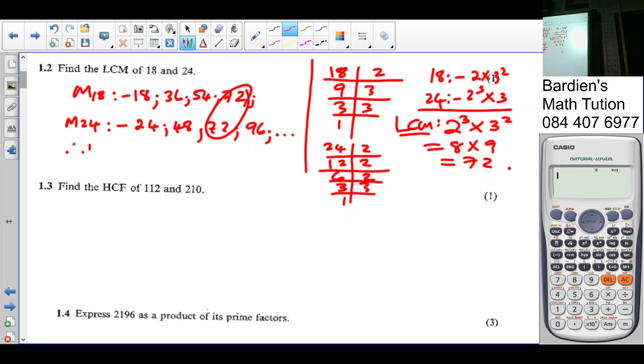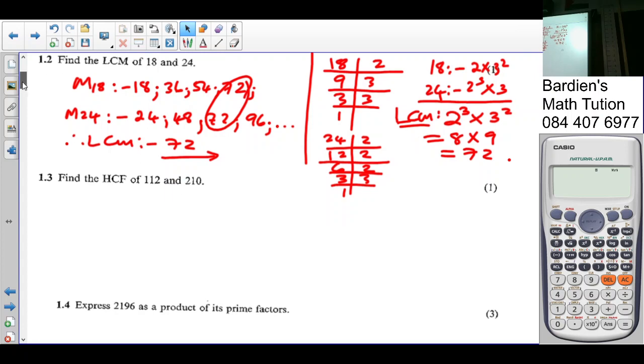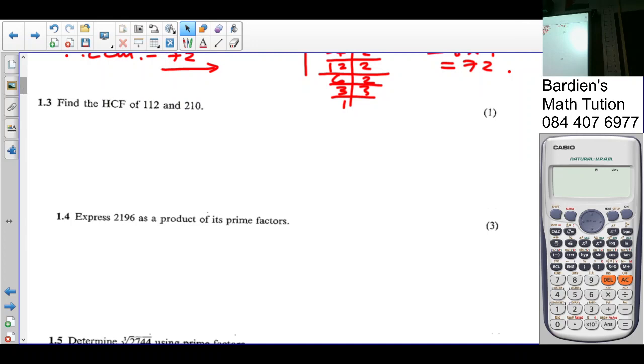So therefore, the lowest common multiple is 72. Remember that these numbers are fairly small. What if the number was much larger? For you to write out multiples, it's going to become an issue. So using prime factors would be a better method to learn.